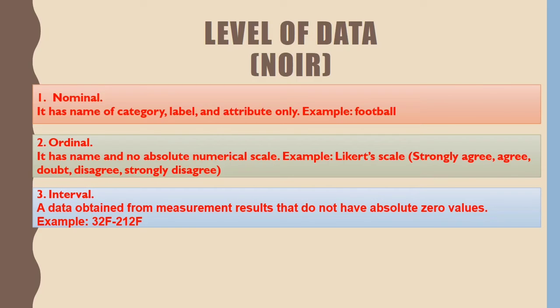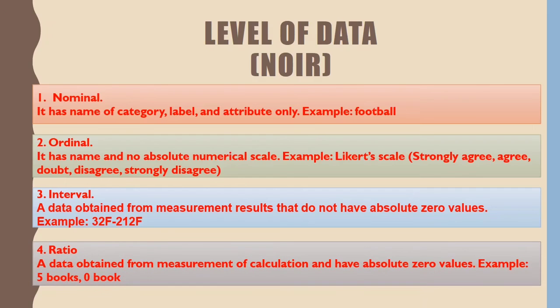For example, temperature in Fahrenheit, 30° until 212°. And the last is ratio, data obtained from calculation that has absolute zero values. For example, if there are 5 books, we can say 5 books, and if there is no book, we can say 0 books.